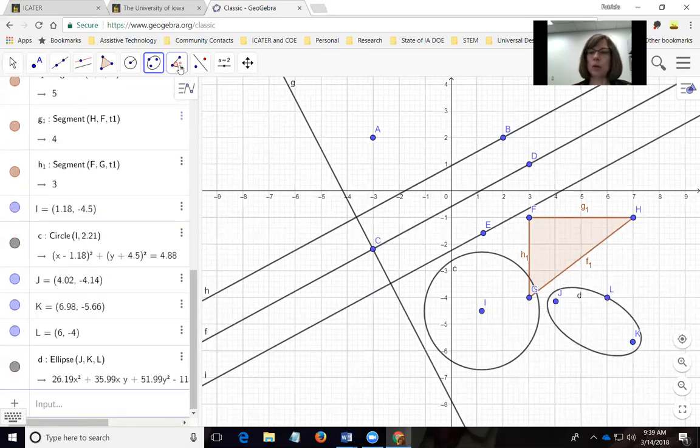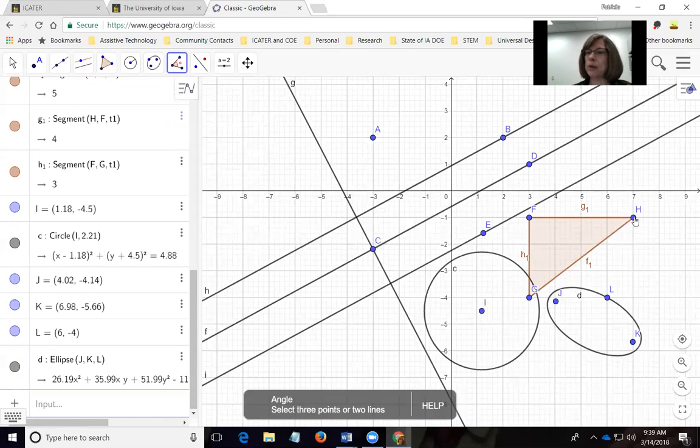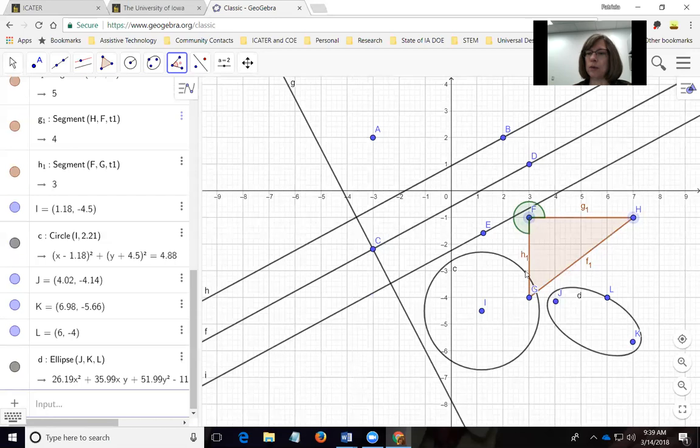And then you can look at angles. So for example, if I wanted to know the angle between HF, oops, I didn't want it that way. Let's try this one. Angle, got to get it in the right order.